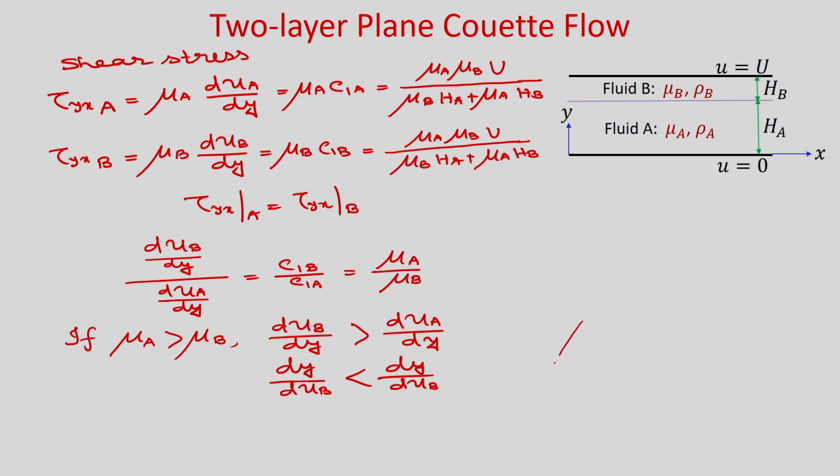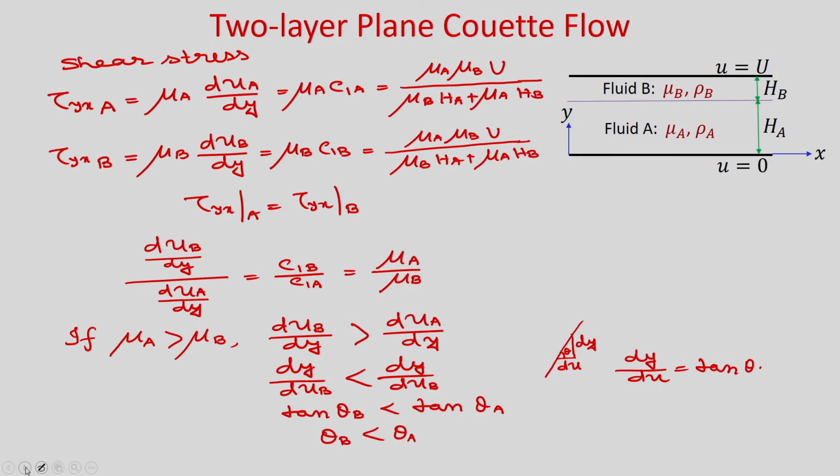If your velocity is varying linearly, this is your dy and this is your du, and if this is the angle theta, you can write dy by du as tan theta. Okay. So, dy by du_B, which is tan theta_B, will be less than tan theta_A, that means theta_B will be less than theta_A. So, depending on the values of mu_A and mu_B, if mu_A is greater than mu_B, you will get theta_B less than theta_A.